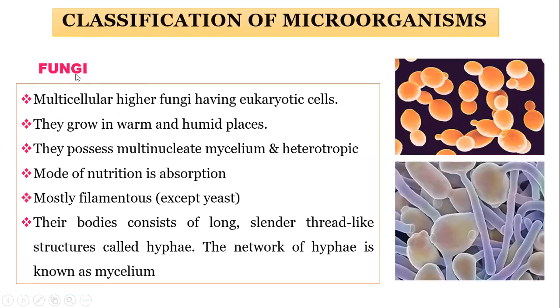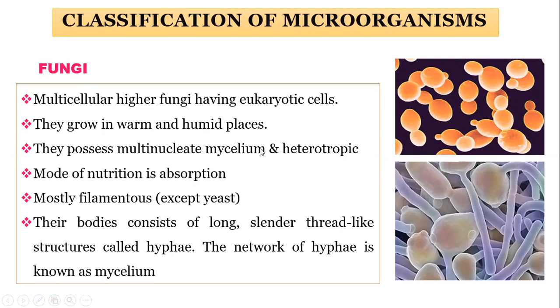The next group of organisms are fungi. Fungi are multicellular higher organisms having eukaryotic cells, and they grow well in warm and humid places. They possess multinucleate mycelium and are heterotrophic.